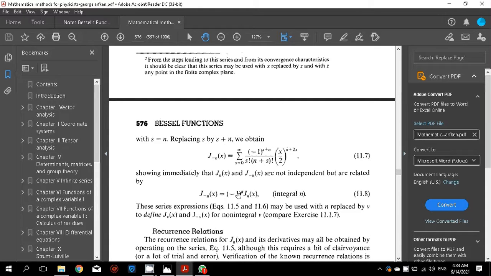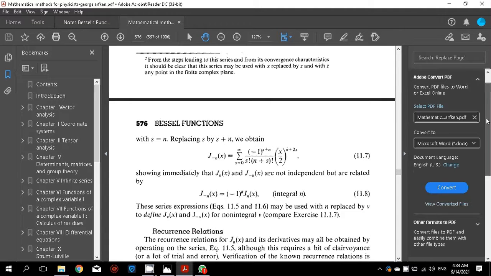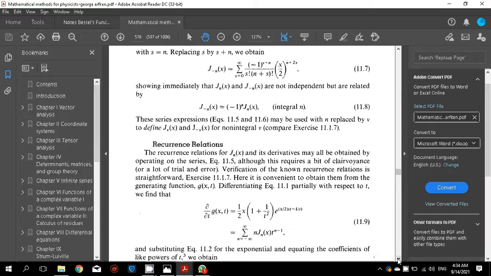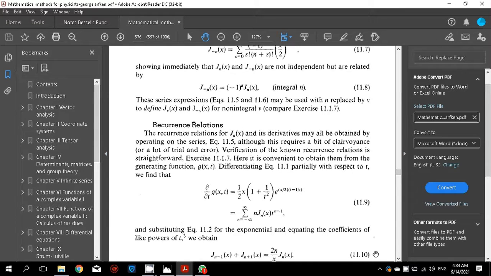Now the third property is the recurrence relation. There are in fact two recurrence relations we will discuss here, the first recurrence relation and the second recurrence relation, known as the recurrence relations of the Bessel's function.